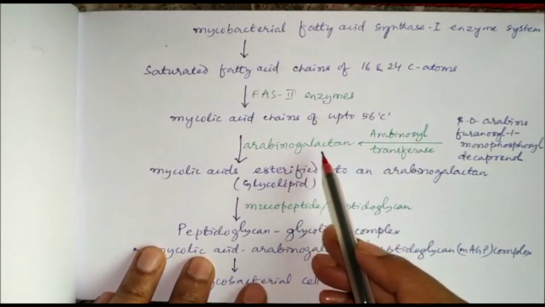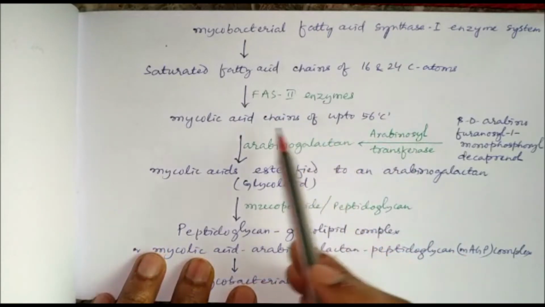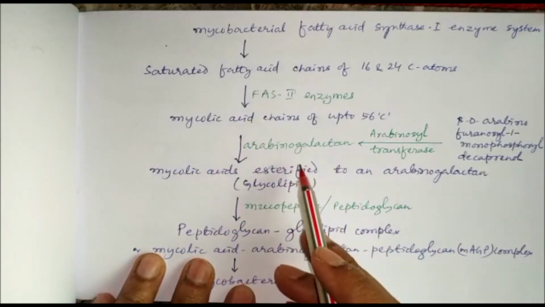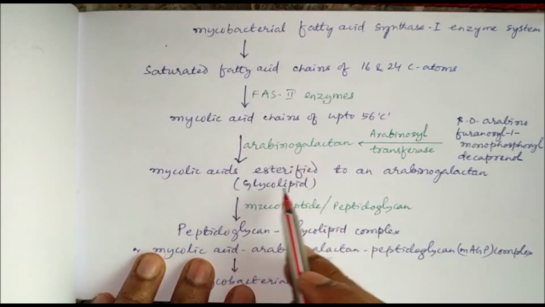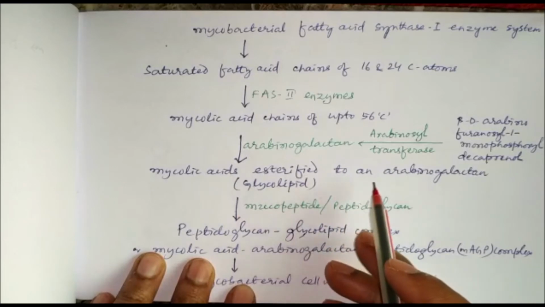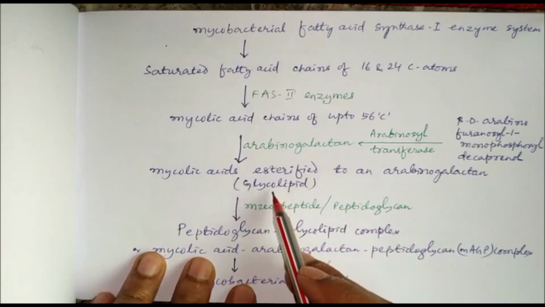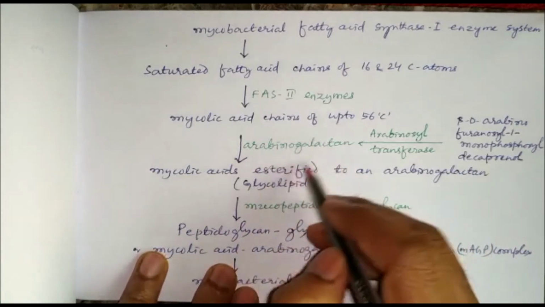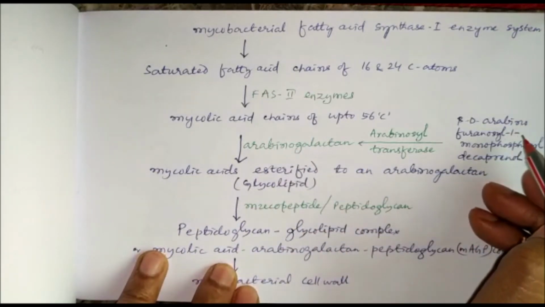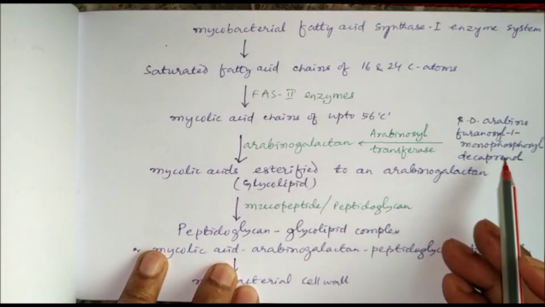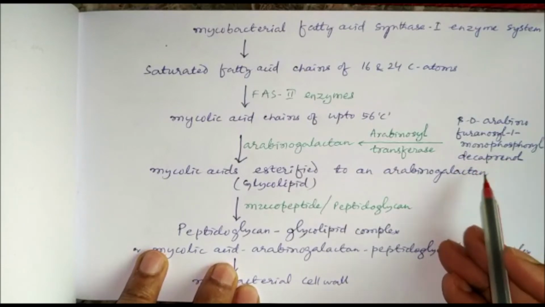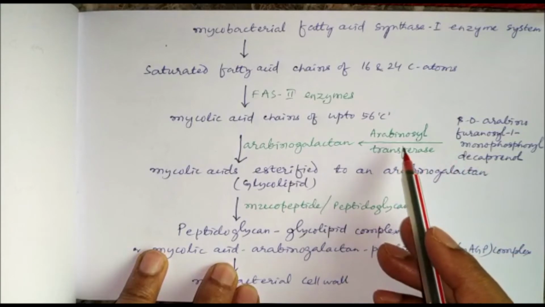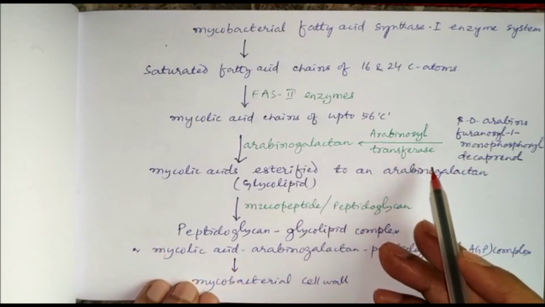Then mycolic acid is esterified with arabinogalactan. This esterification leads to production of glycolipid, and arabinogalactan is produced from beta-D-arabinofuranosyl-1-monophosphoryl decaprenyl, and the enzyme involved here is arabinosyl transferase.